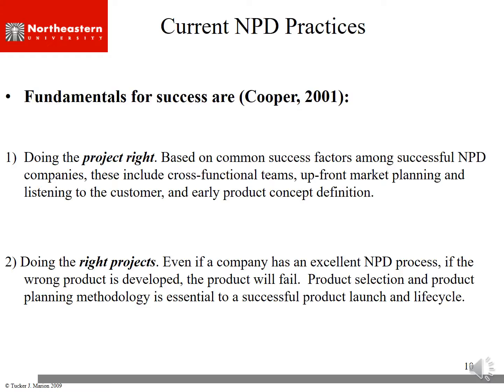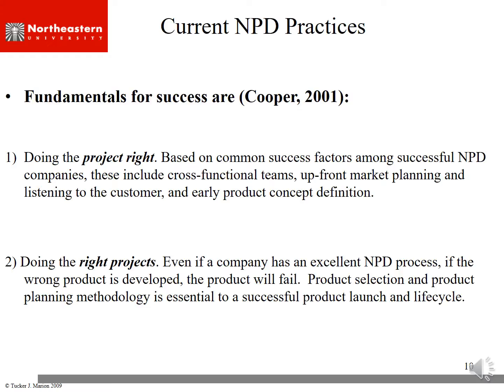Coupa in 2001 stated that there are two fundamentals for success in new product development. One is doing the project right, making sure that you have the right teams, that you do the right planning, you have the right control. But the second fundamental from Coupa is making sure that you do the right projects.